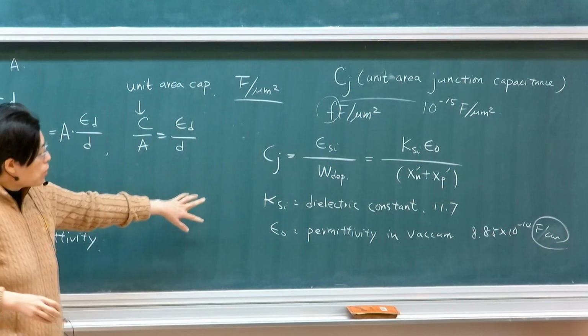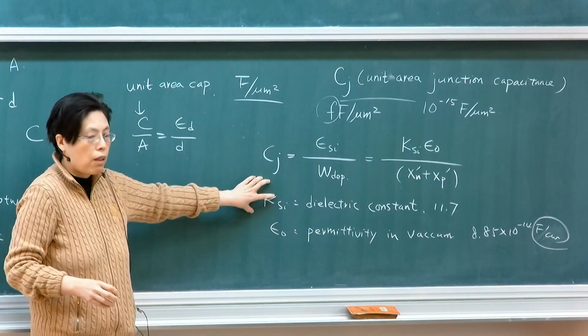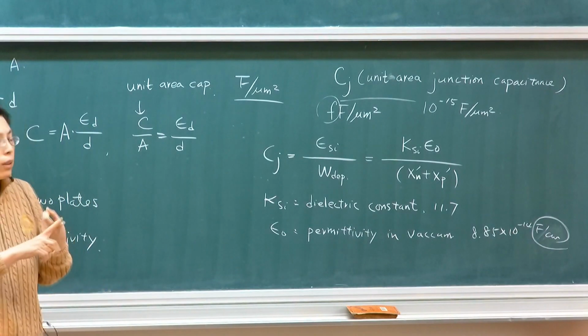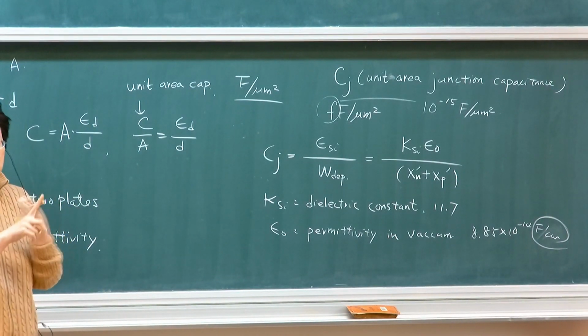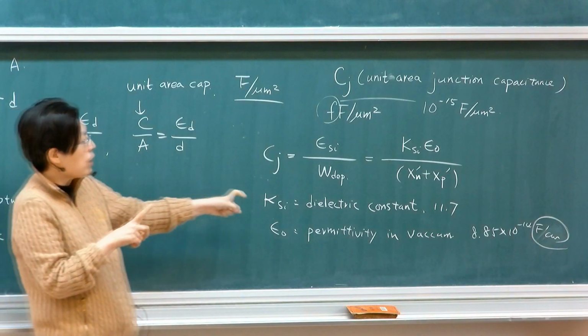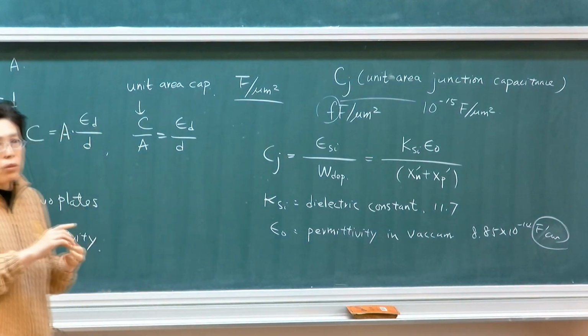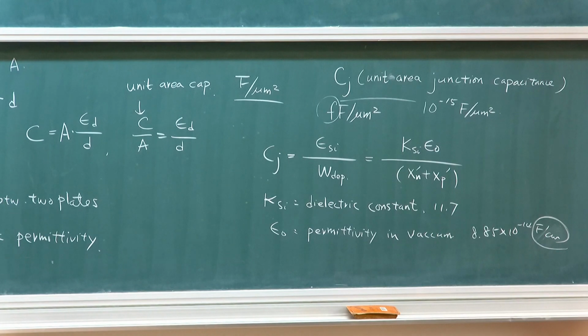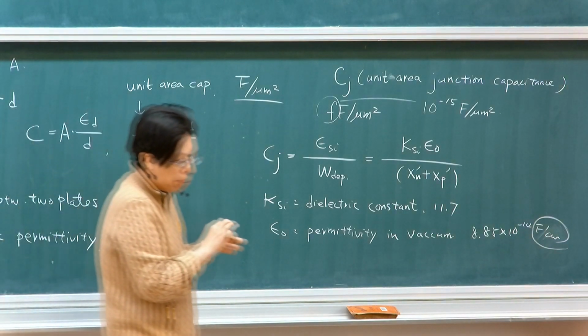You go check the number, but this is a constant. Depending on the dielectric, silicon and other materials, for example silicon dioxide, there are different dielectric constants, which will give you different capacitance parameters. Okay?